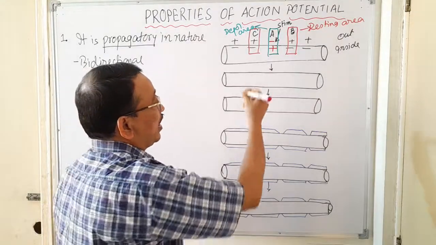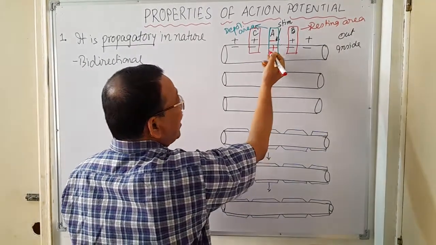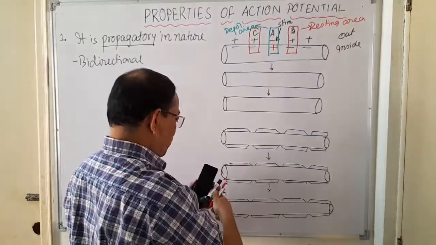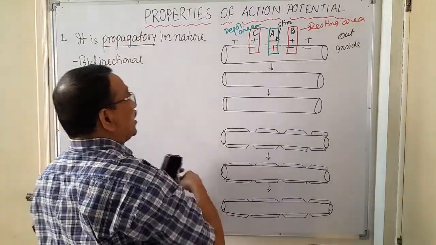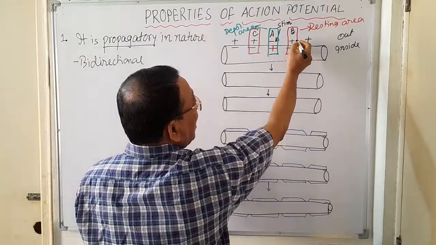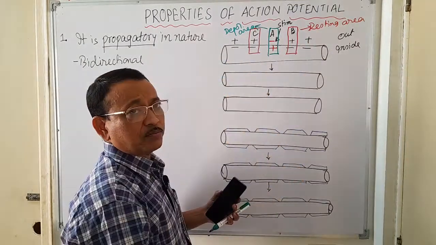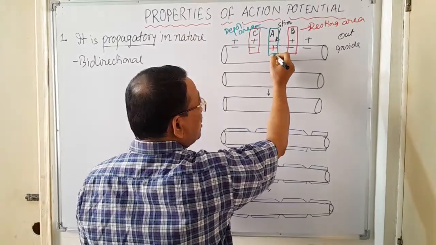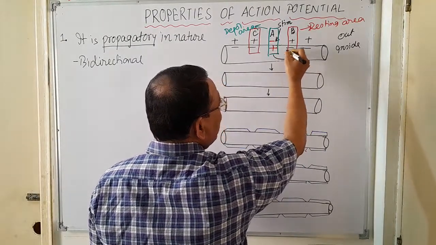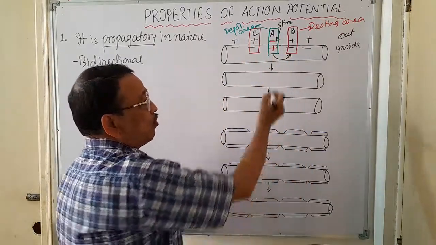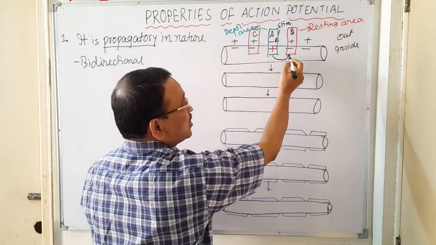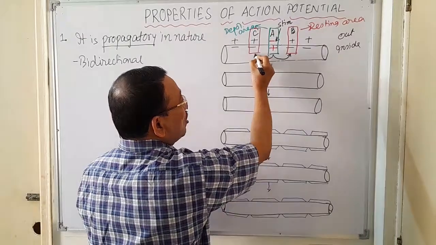Now what happened? Compare point A and point B or C. In the depolarized area the inside is electropositive, and in the resting area the outside is electropositive. So there will be a flow of positive ions from A to B at the inside of the membrane, from the depolarized area to the resting area.